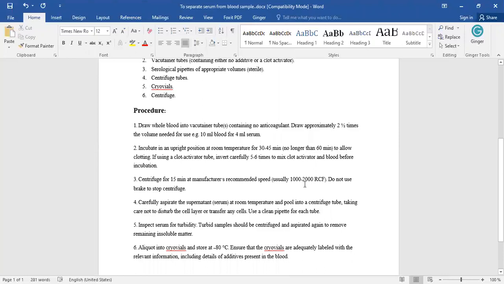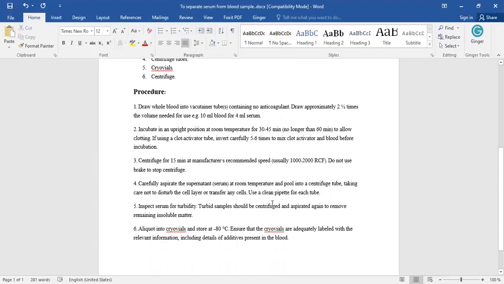About 2000 times gravitational force, that is 5000 rpm, revolutions per minute. After centrifugation we take the supernatant and observe whether there is any turbidity. If we find any turbidity, we centrifuge the blood again.